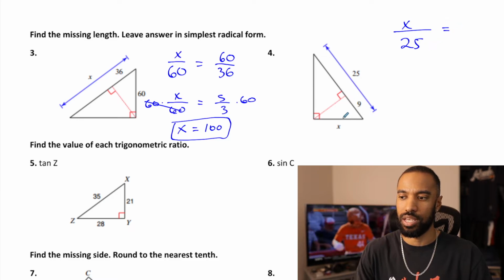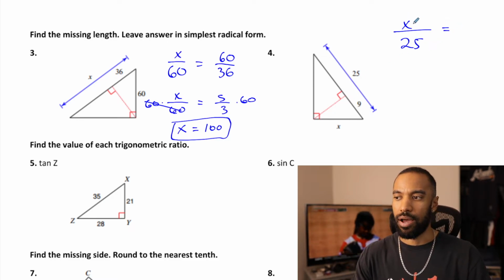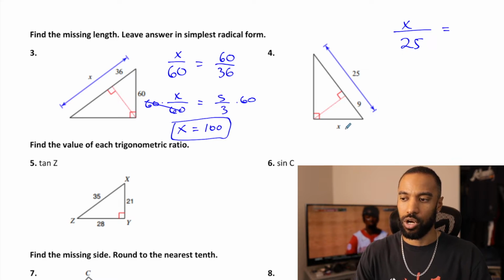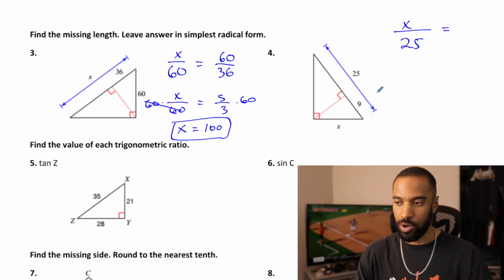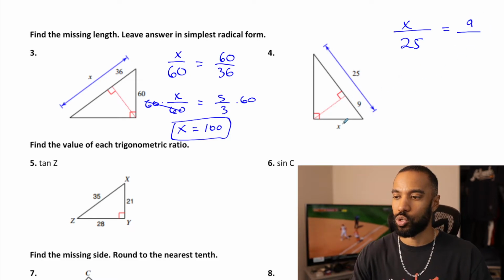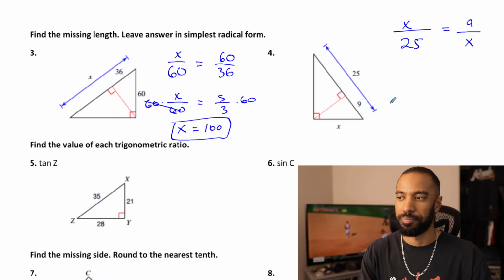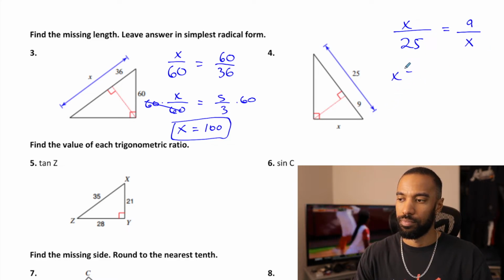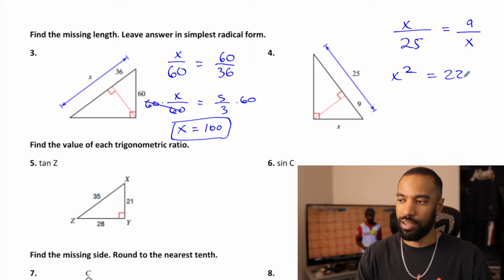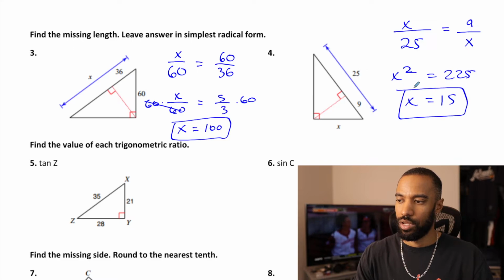Hypotenuse of small, hypotenuse of big. Let's go of the small, the short leg of the small, and we have the short leg of the big in x. This time when we cross multiply, it's an x squared, and that equals 225. Let's take the square root. X is 15.